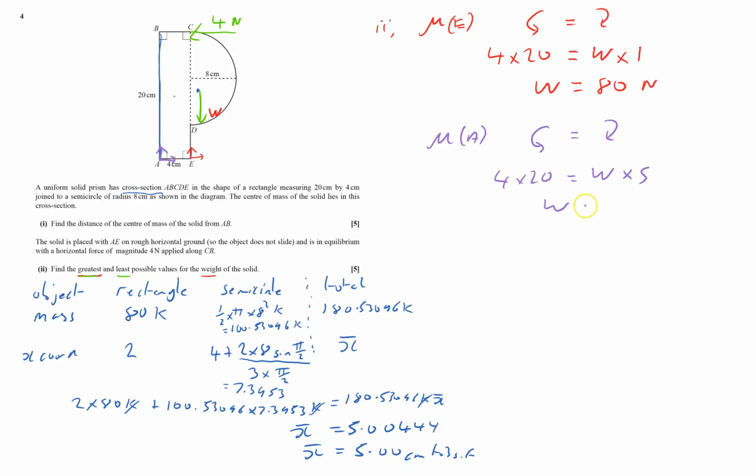And that will give me W equals 16 newtons. So this is the minimum weight, and the other one is the max weight.